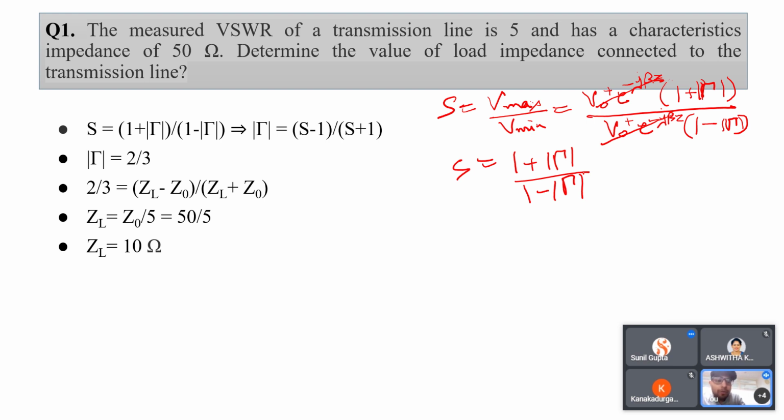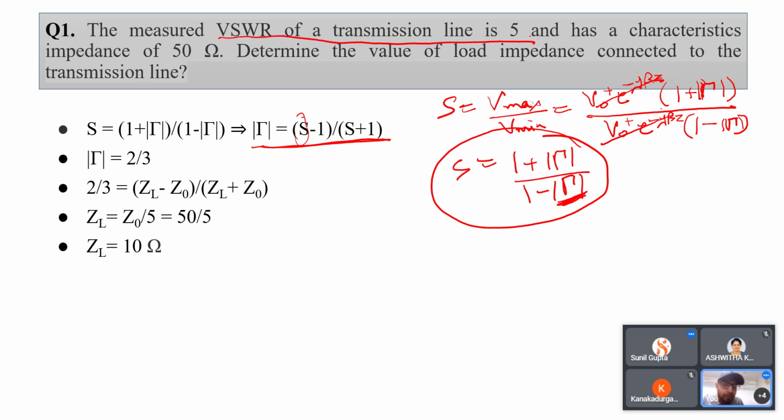By using this formula, we will first calculate the value of the reflection coefficient. Here I am taking the inverse relation. So gamma is calculated as S minus 1 over S plus 1, where S is the VSWR, which is 5 here. Put this value of S here. So gamma is 4 by 6, which equals 2 by 3.